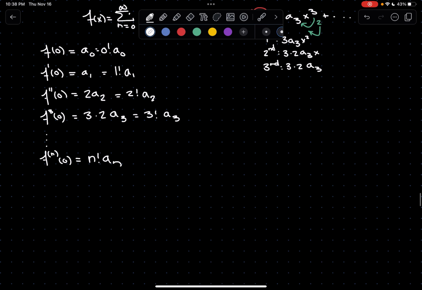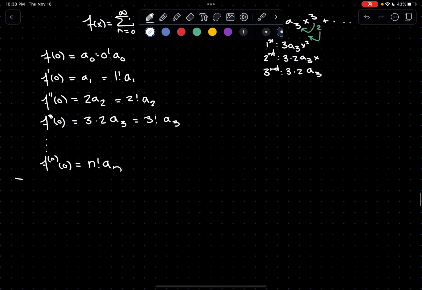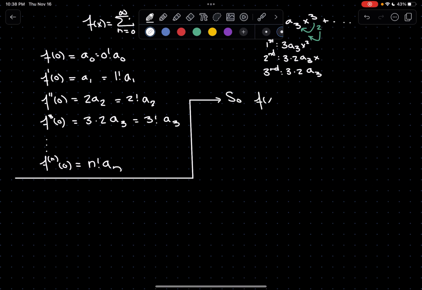And that means, so maybe I'll write it here. So f of x is equal to this sum from n equals 0 to infinity of x to the n over n factorial, right? And this is just equal to e to the x.